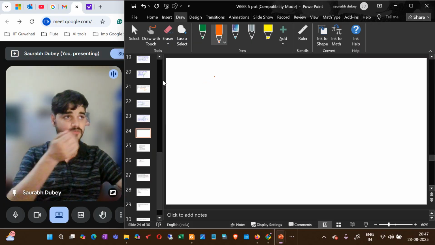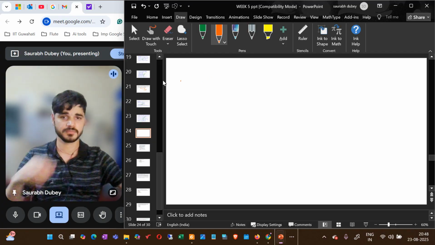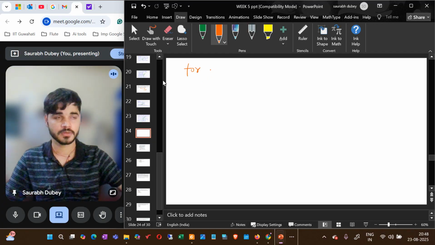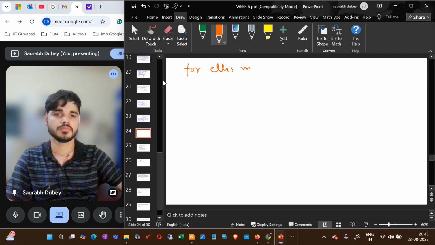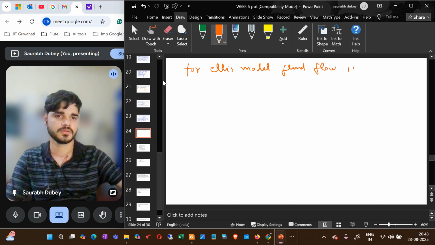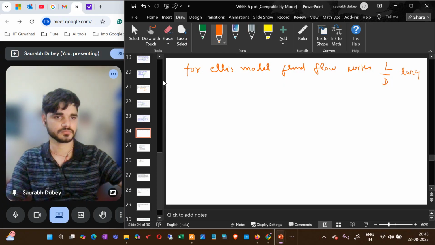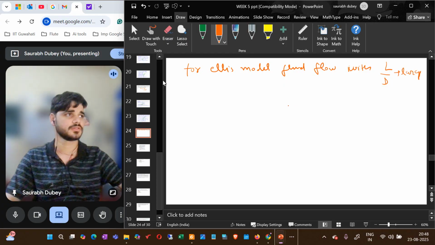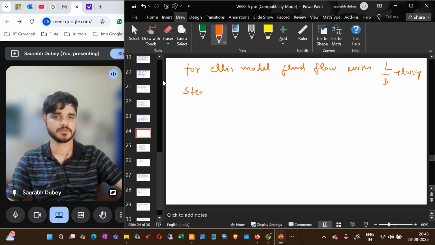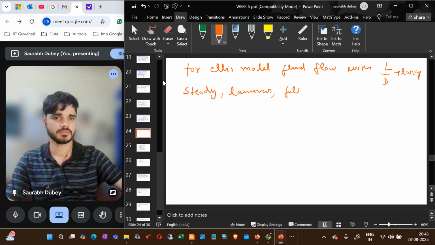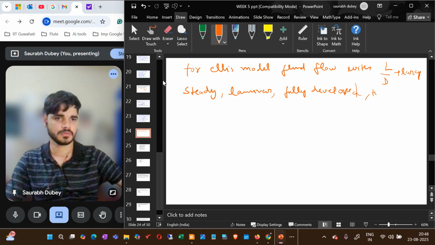For this Herschel-Bulkley model fluid flow through an infinitely long cylinder, with L by D large, infinite cylinder, steady, laminar, fully developed, incompressible flow.